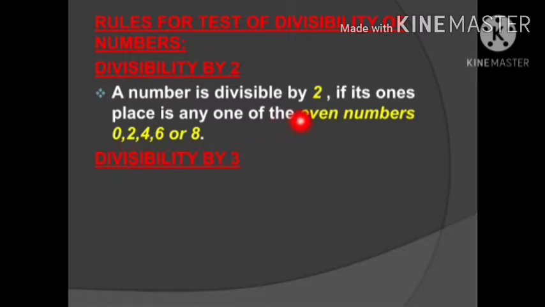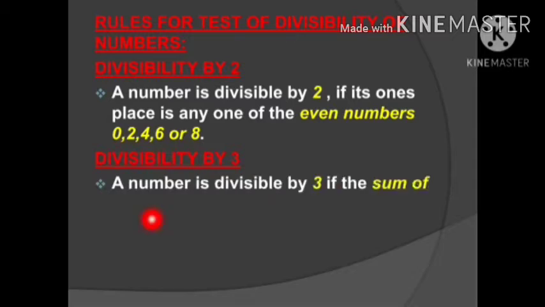If the number is divisible by 2, the ones place should be 0, 2, 4, 6 or 8. And the next one is divisibility by 3. A number is divisible by 3 if the sum of its digits is divisible by 3.